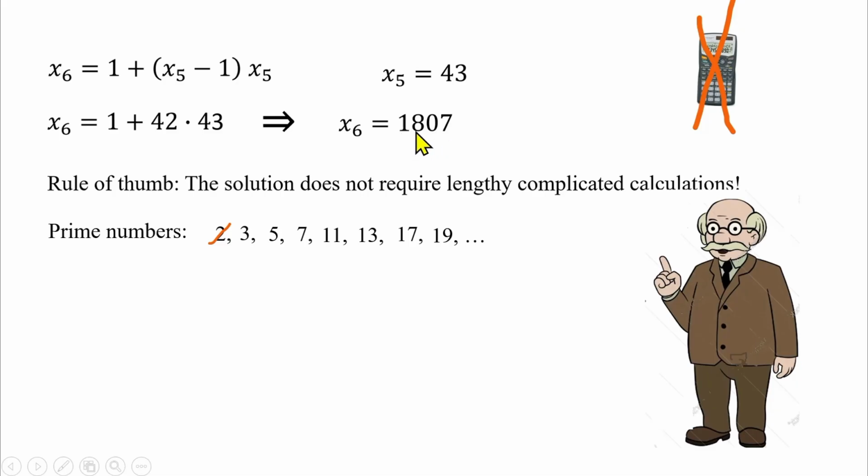It is 1 plus 8 plus 0 plus 7, which is 16. 16 cannot be divided by 3. 3 is excluded. 5. To be a divisor, it's necessary to have here either 0 or 5. It is not so, so 5 is excluded.